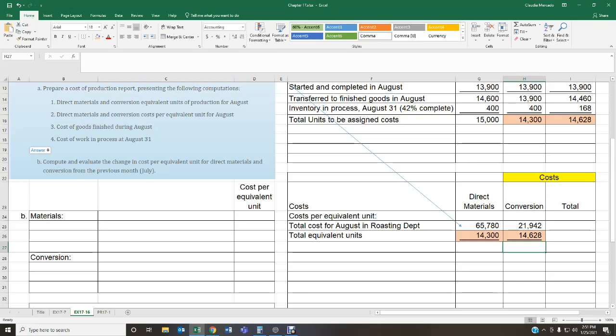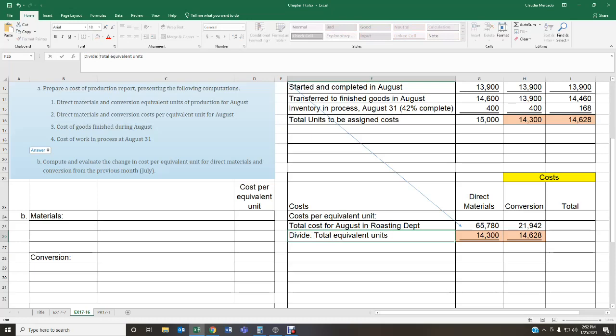Okay. So we're gonna get that, and we're gonna get our total cost for August, and then here we're gonna divide by our total equivalent units. Okay. And then that's gonna give us our cost per equivalent unit.